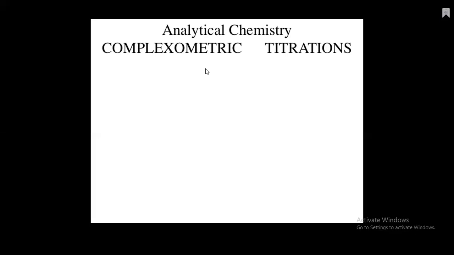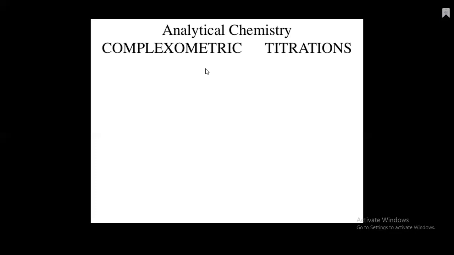So the unknown is the metal ions, and the known is the titrant. In complexometric titration the titrant is a complexing agent, a substance that has the ability to form a stable complex with your analyte.